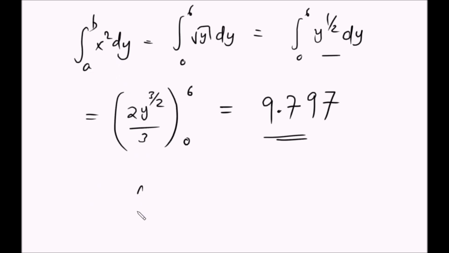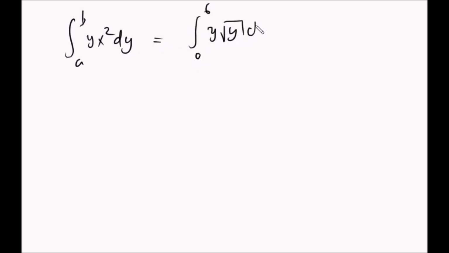Sasa tutafute ile ya juu hii hapa. Inasema y x squared dy. Kwa hiyo yule wa juu sasa atakuwa ni sawasawa na from 0 to 6 y the square root of y dy. So y times the square root of y ni nini? Ni y power 3 over 2 dy.